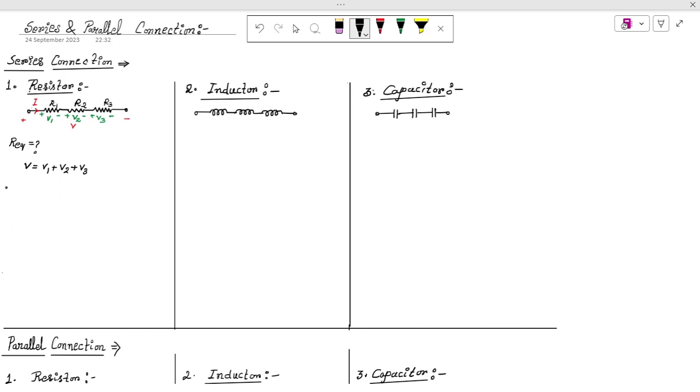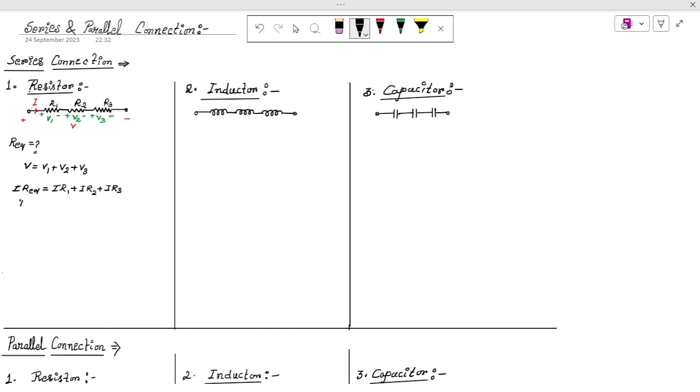Next, the total equivalent resistance, and the current flowing through this circuit is the common current, only one current is there, that is I. So total voltage equals current into total equivalent resistance, that is R equivalent. V1 equals I into R1, V2 is equal to I into R2, V3 is equal to I into R3.